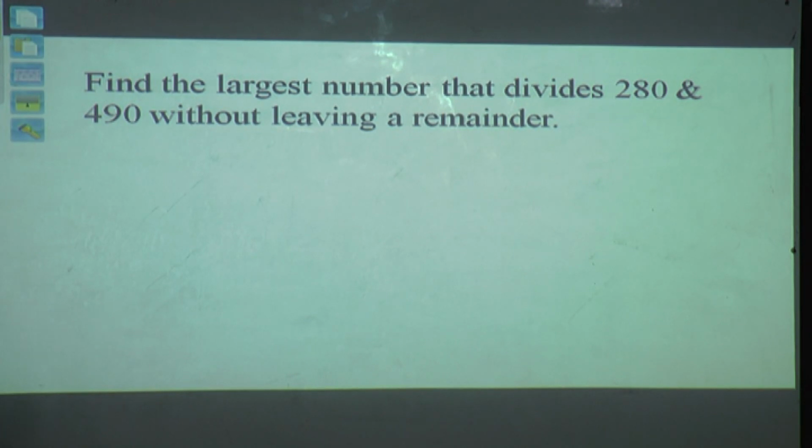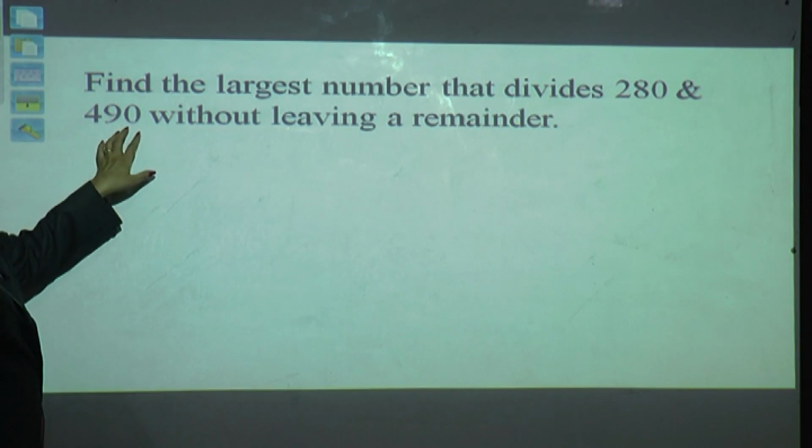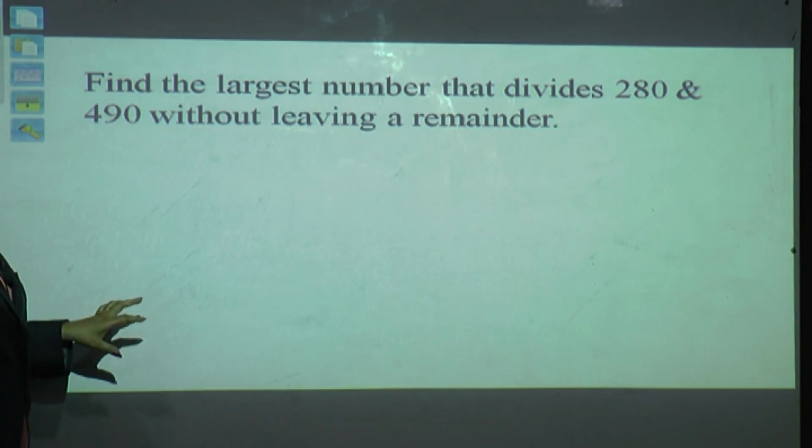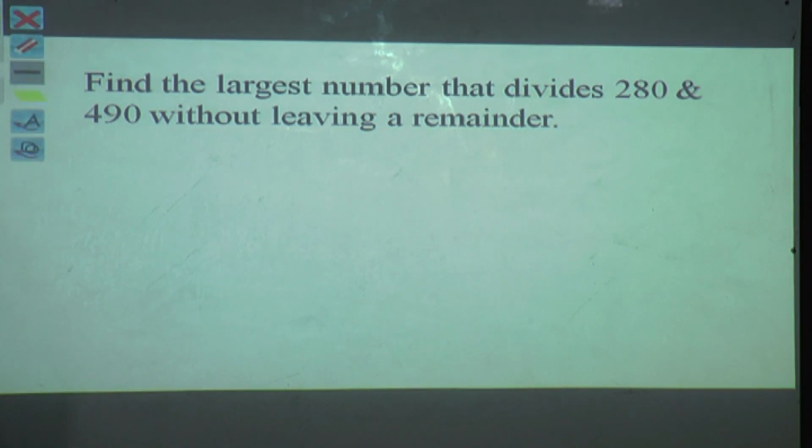Meaning, we have to find the largest number which divides 280 as well as 490 and gives a remainder of 0. So we will start to solve this.